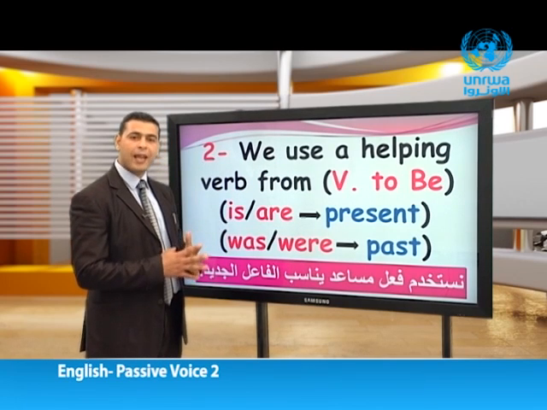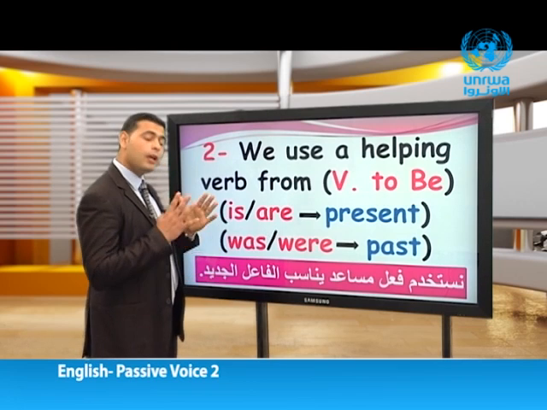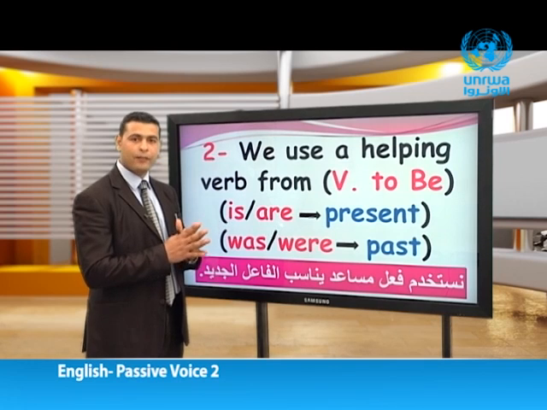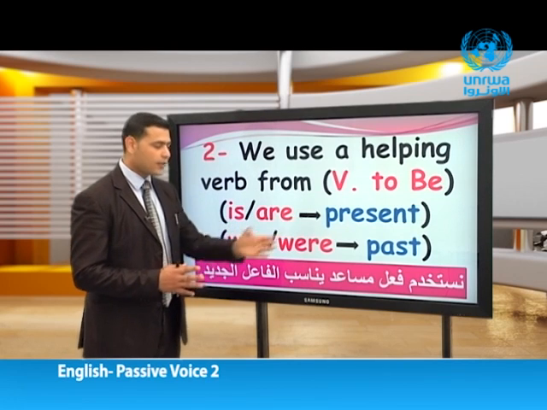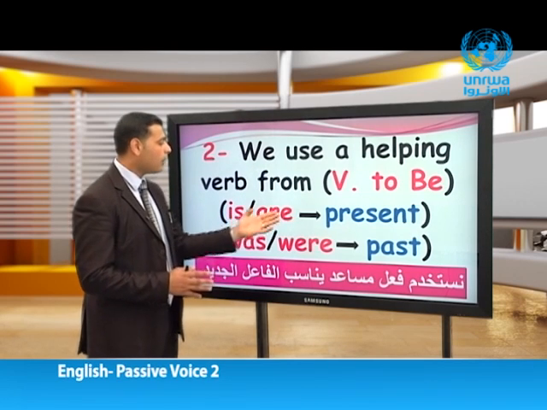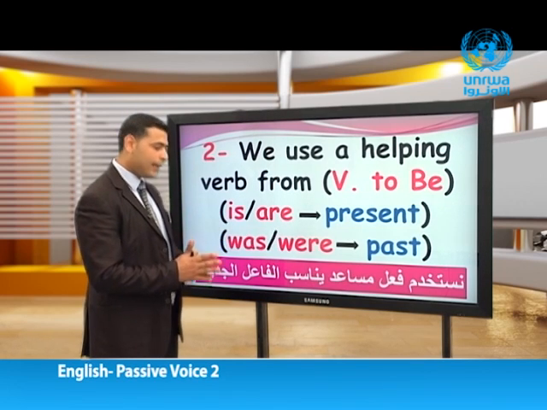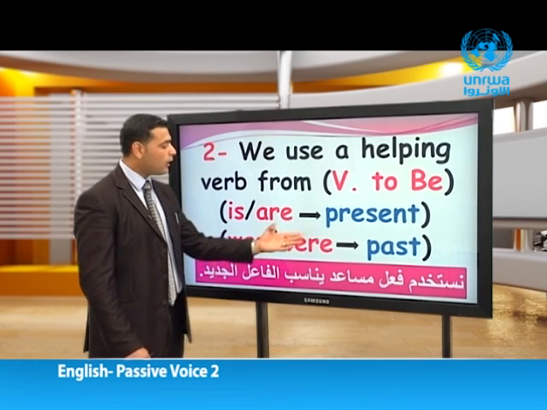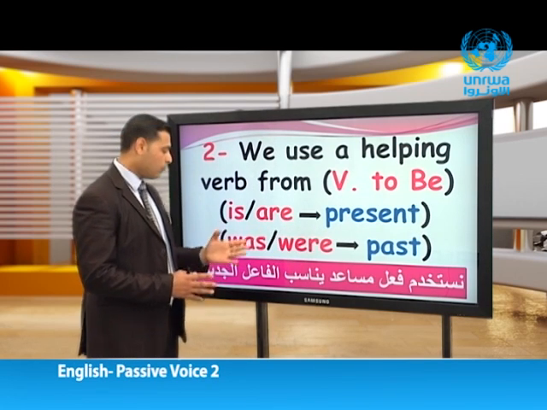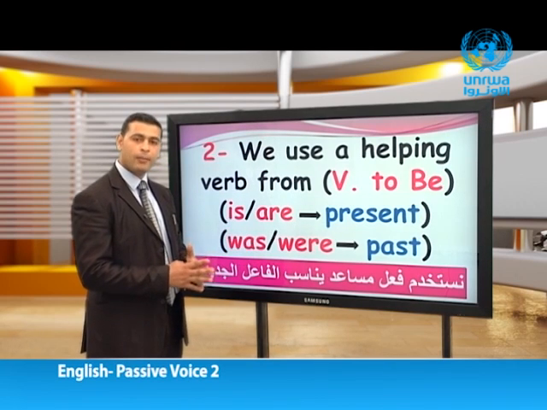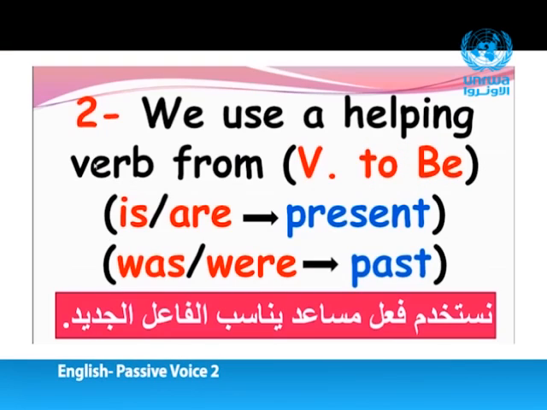In verb to be, as we said before, we have 4 helping verbs. Is and are in the present. Is is for singular and are for plural. Also we have was and were in the past. Was is used with a singular subject in the past, and were is used with a plural subject, also in the past. We use a helping verb that suits the new subject.